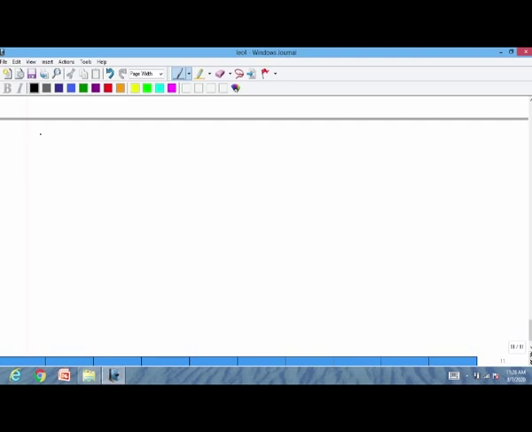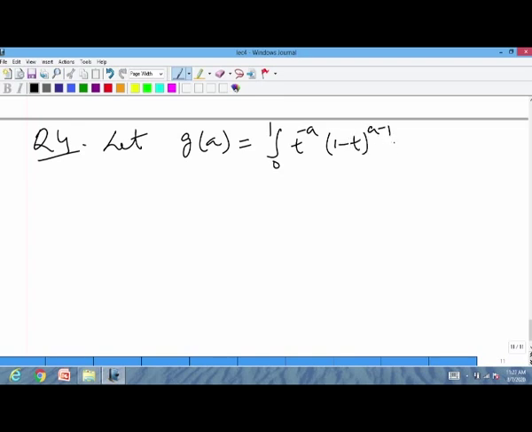Let us now do problem number 4. We are given g of a equal to the integral from 0 to 1 of t to the power minus a times (1 minus t) to the power a minus 1 dt for a belonging to the open interval 0 to 1.